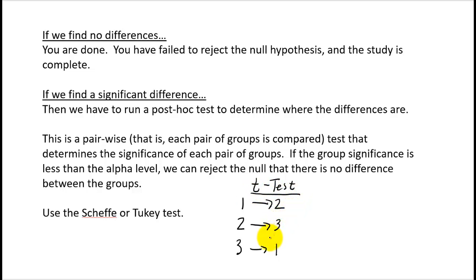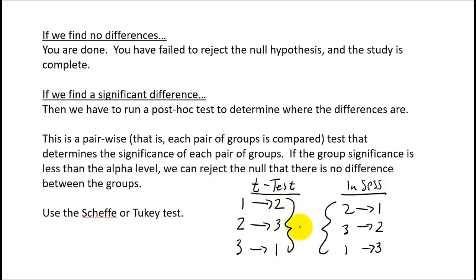Now, what I will tell you is that in SPSS, it will test 1 to 2, 2 to 3, and 3 to 1, but it will also do 2 to 1, 3 to 2, and 1 to 3. By the way, these are the same. They're just inverted. SPSS does it both ways because it likes to do commutative processes. It's okay, it doesn't matter.